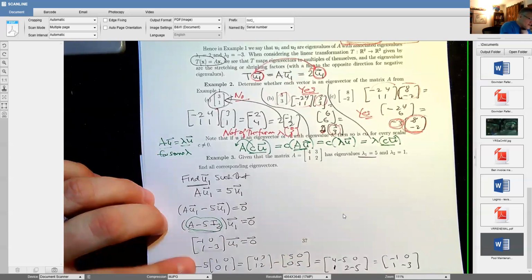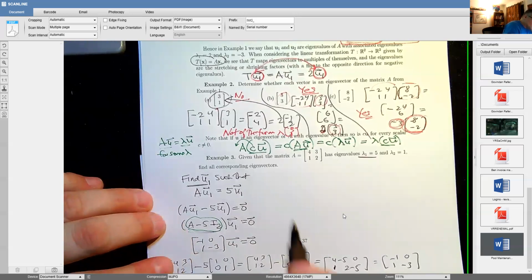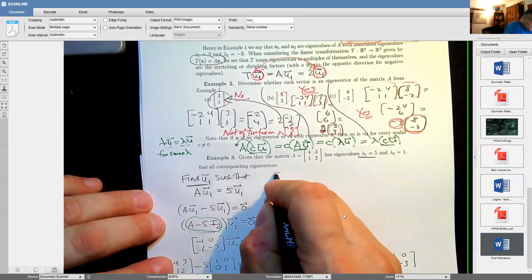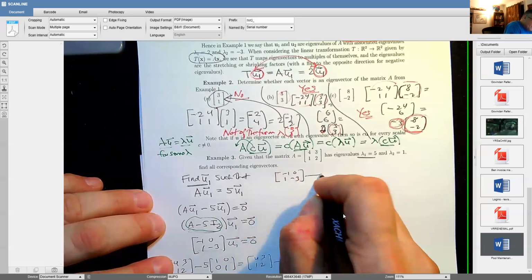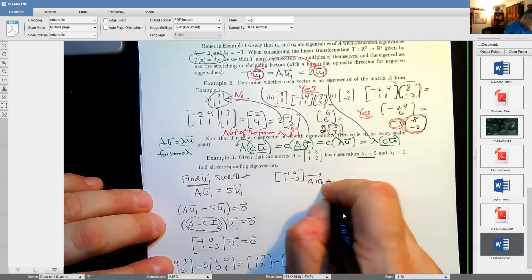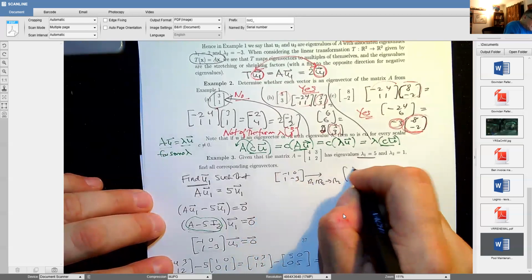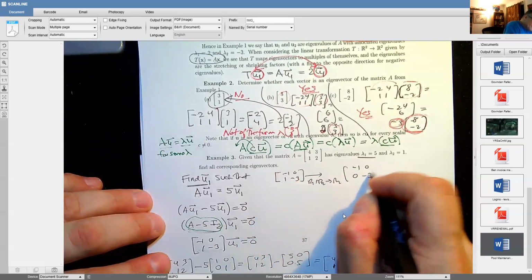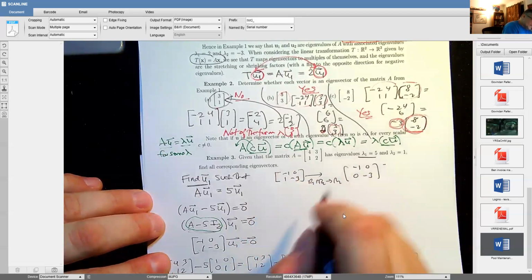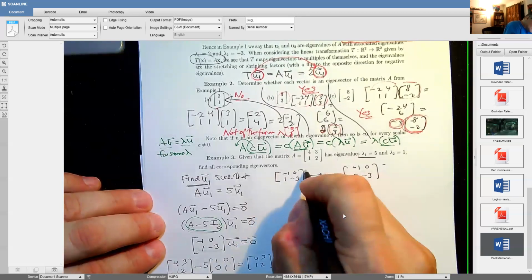So why don't I put this into echelon form. Why don't I just add R1 and R2 and put that into R2. So I have -1, 0, 0, and -3, right? And this is times u1.